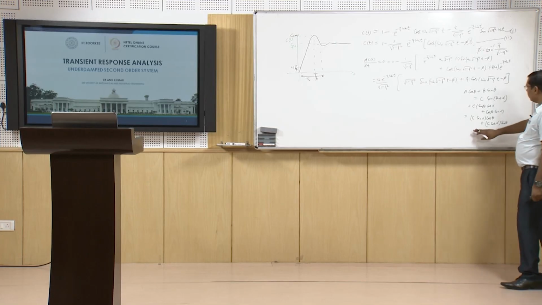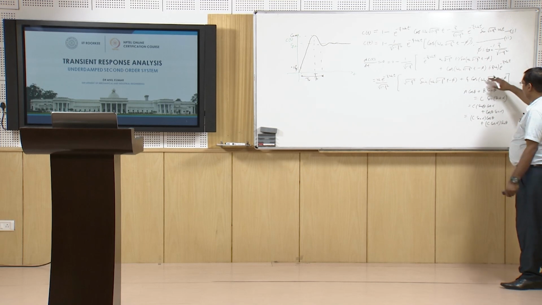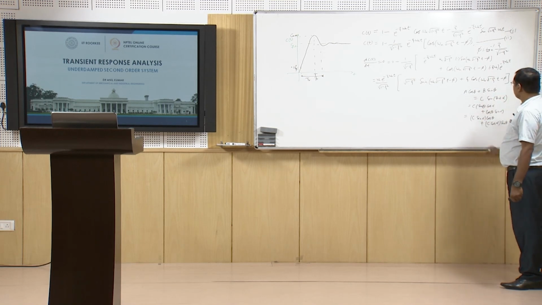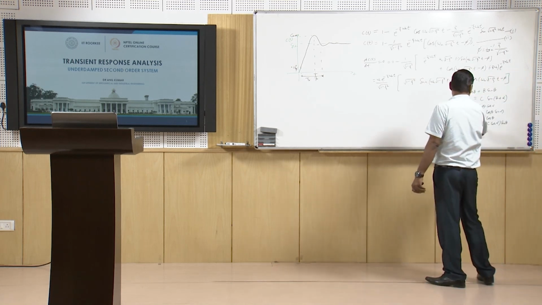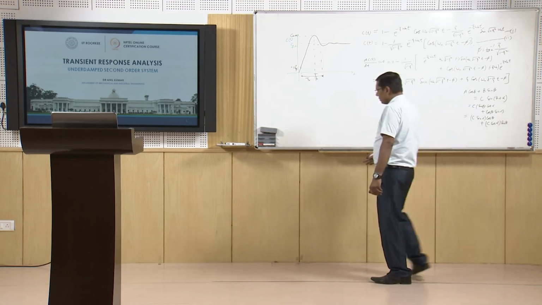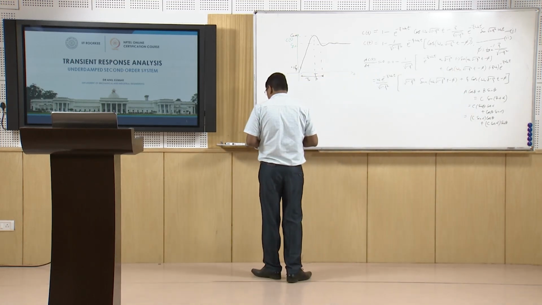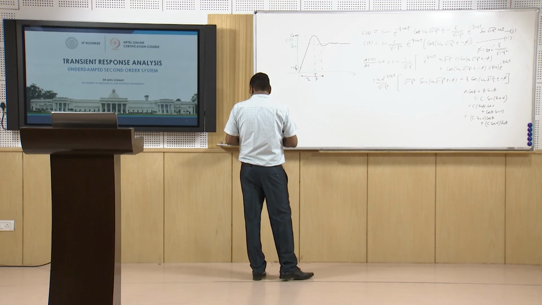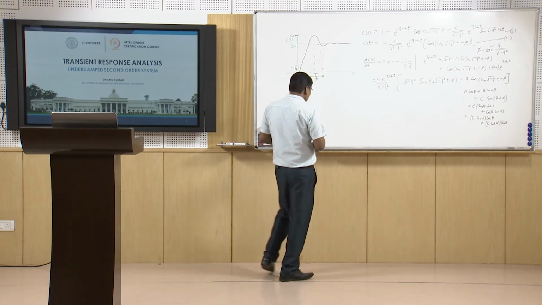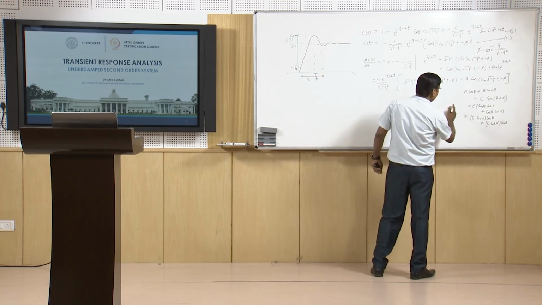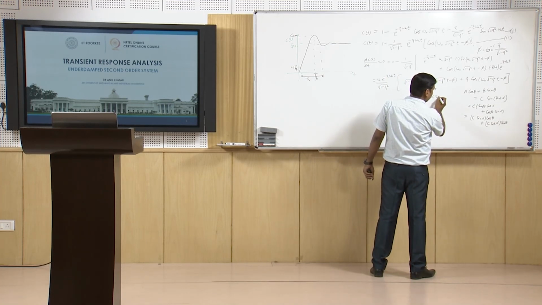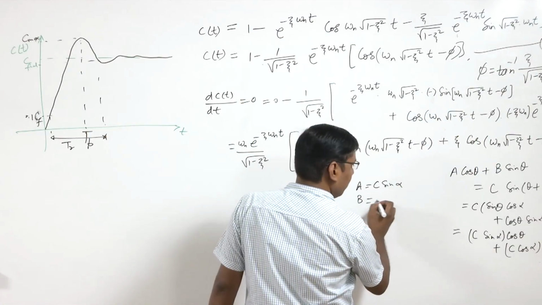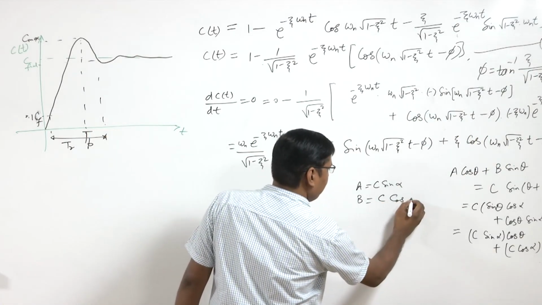So it means we want to express this term with a single term. So we are getting that a equal to c sin alpha and b equal to c cos alpha.